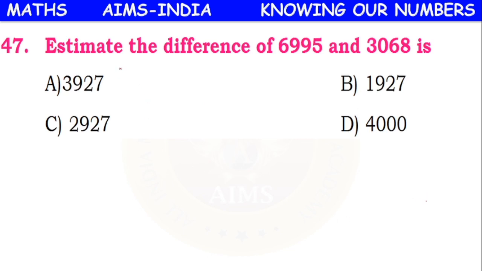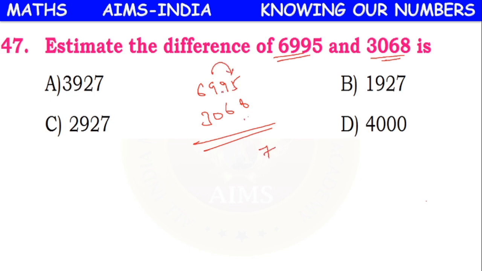Next. Estimate the difference of 6995 and 3068. Here also they have not mentioned nearest 10 or 100, so we have to subtract directly. From 5 we cannot remove 8, so we have to borrow. From 15, 8 goes, means 7. Here 8 will be there, 8 minus 6, 2. 9 minus 0, 9. 6 minus 3, 3. 3927.